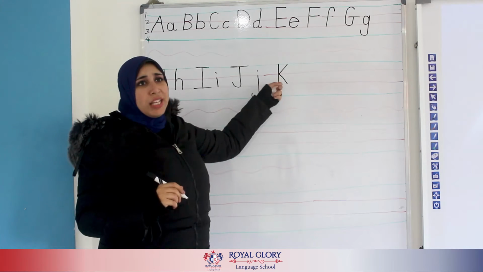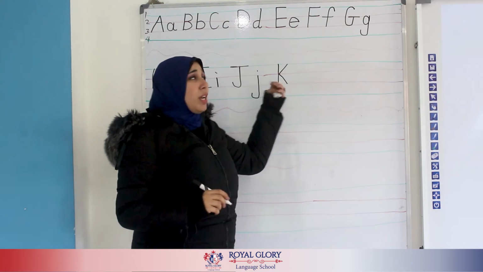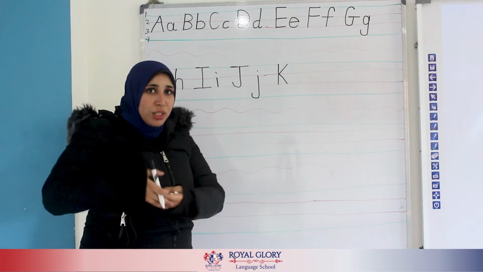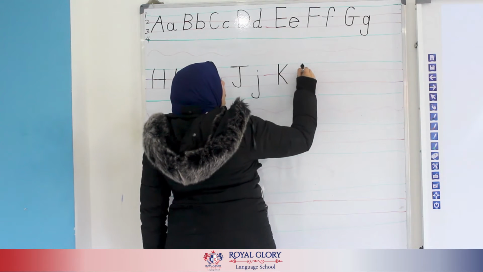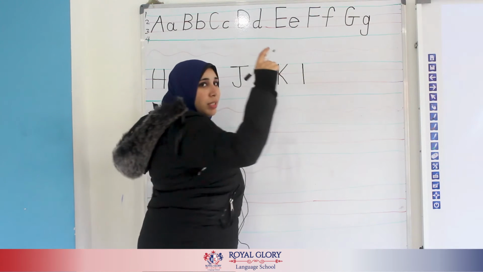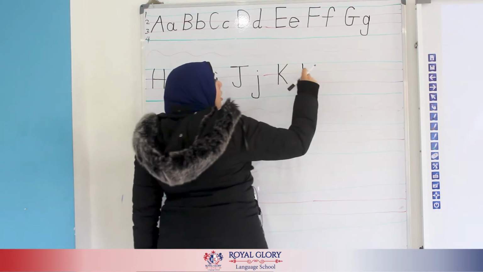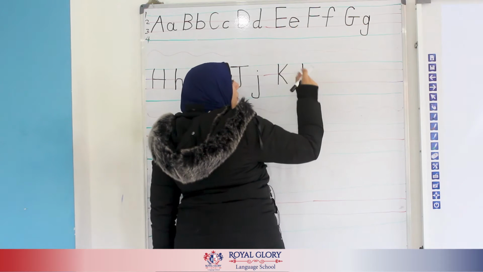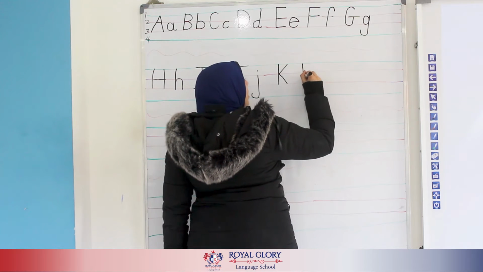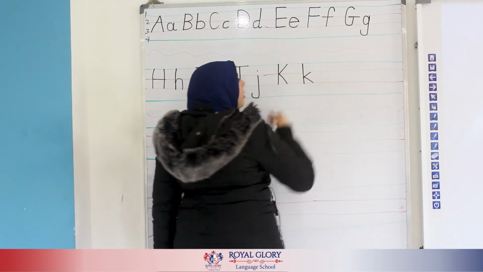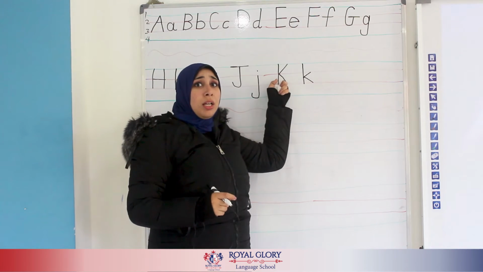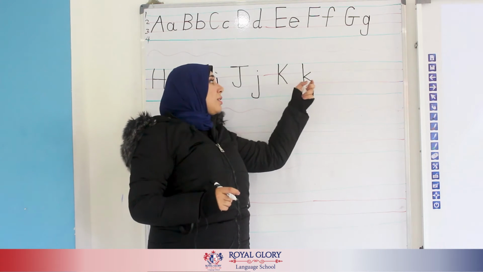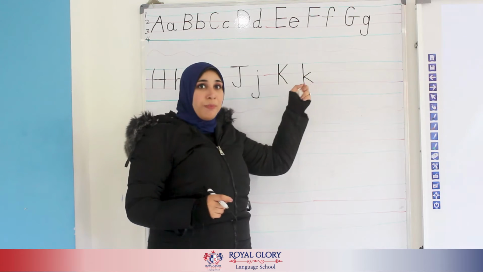This is upper case of letter K, okay? How can I write the lower case of letter K? From line number 1 to line number 3, make a standing line down, okay? Between line number 2 and line number 3, standing line down, standing line up, standing line down like this. This is the upper case of sound K, and this is the lower case of sound K.